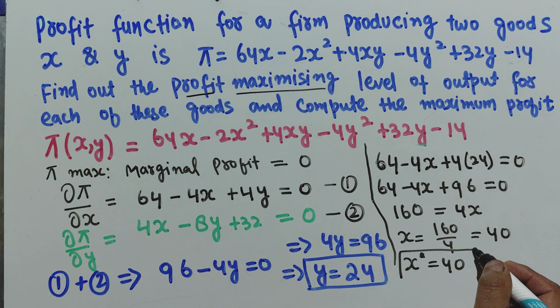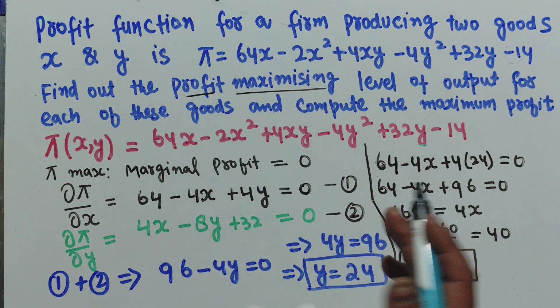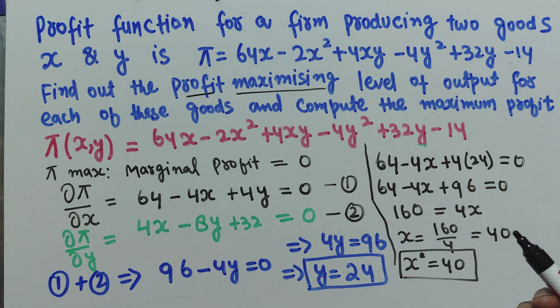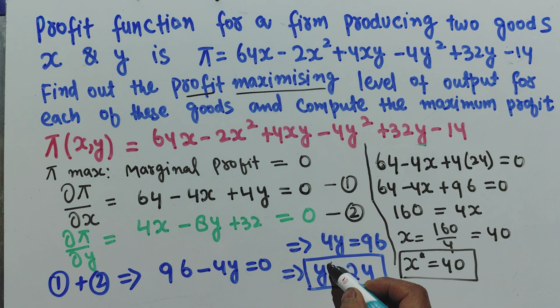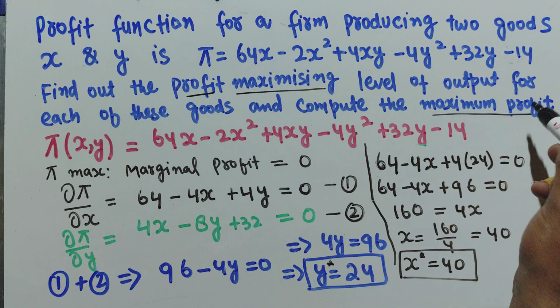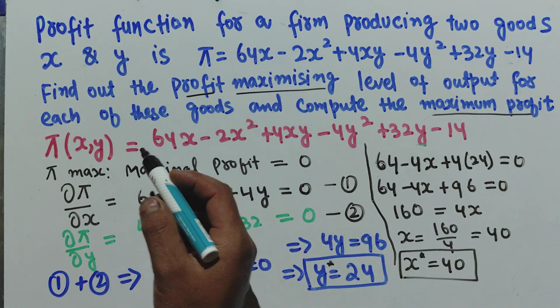That means this multi-plant firm, or a firm producing the two goods, should produce 24 units of good y and 40 units of good x to maximize its profit. Now to find the maximum profit, simply plug the values of x and y into the profit function.